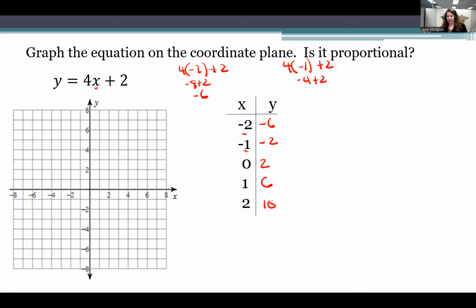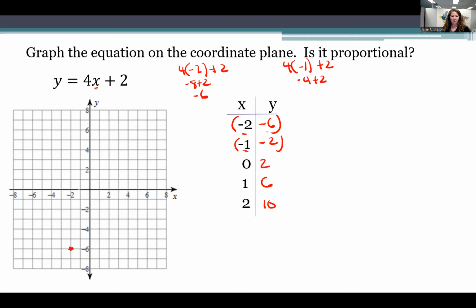All right, so I'm going to rearrange this and see if I can do my graph a little better this time. The first ordered pair tells me to go left 2, down 6. So from the origin, left 2, down 6, make a dot. The next one tells me to go left 1, down 2.